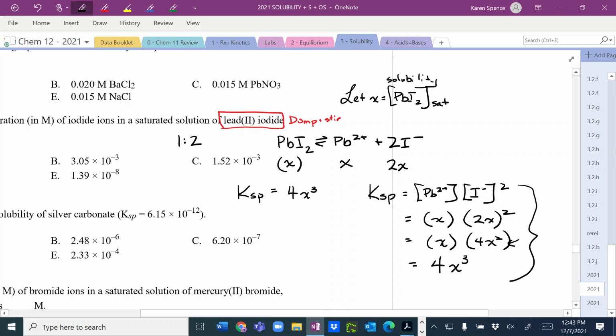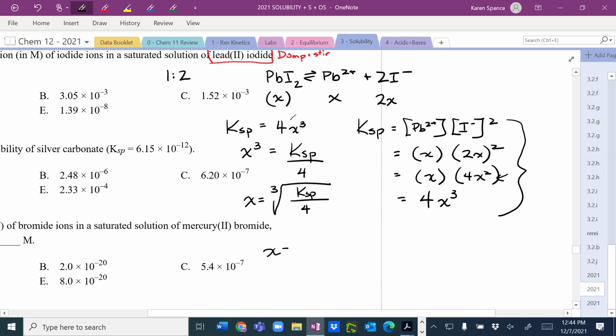So if we want to solve for 2x, first of all, we need to solve for x, yes? So we're going to have x cubed is equal to KSP divided by 4. So x then is going to be equal to the cube root of KSP divided by 4.